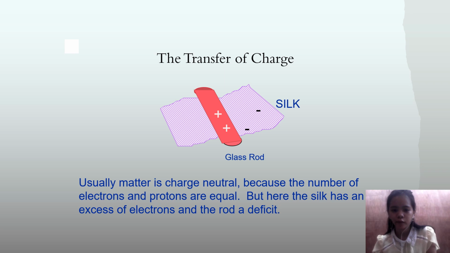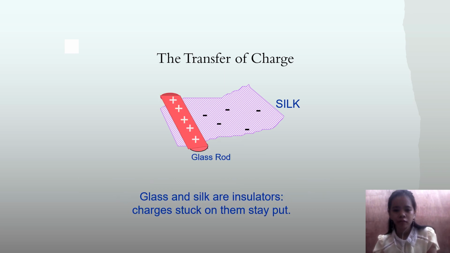So as you can see, when negative charge is added to the silk, a positive charge is left on the glass rod. So there are 5 electrons and there are also 5 protons on the glass rod. Glass and silk are insulators, so charge is stuck on them.